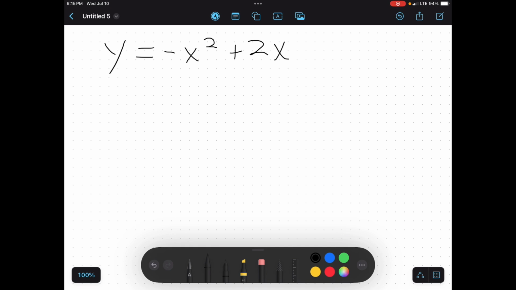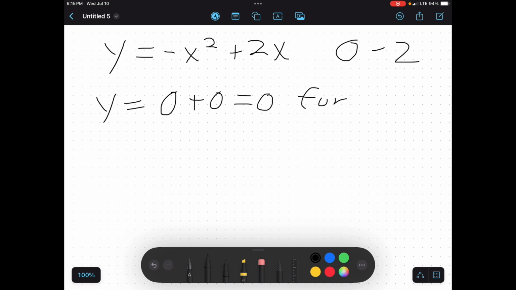And I just want to go from 0 to 2. If I plug in a value of 0, I get y is equal to, well, negative 0 squared is 0, plus 2 times 0 is 0. So for x equals 0, I get that y is equal to 0.